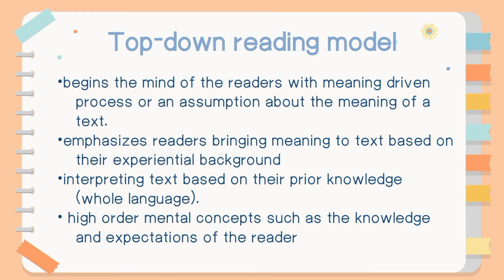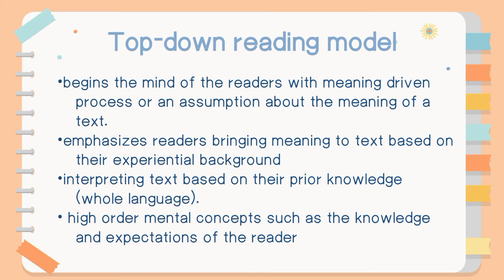Top-down models ask readers to construct meaning from text, and this knowledge is built from the whole text to the parts, the words. It allows children to read real books and make sense of them, and it also utilizes grammar and text clues to figure out unknown words. The main idea of the top-down reading model is that it is not focused on understanding the meaning of each word but rather on understanding the whole text.